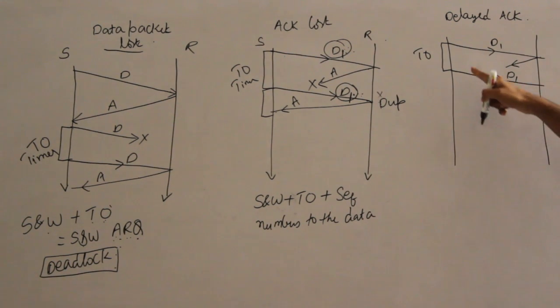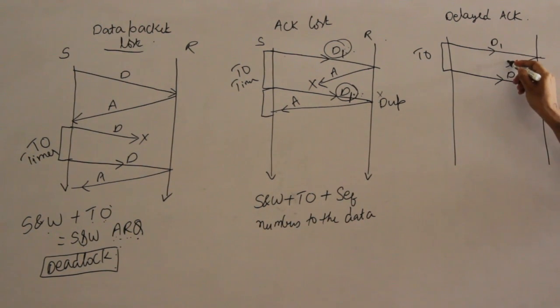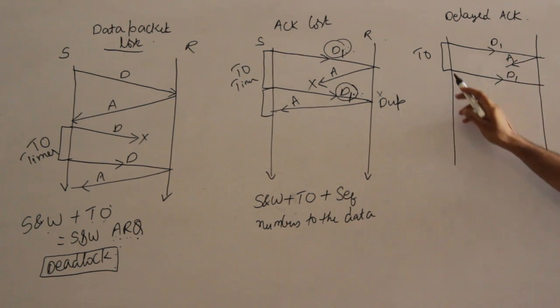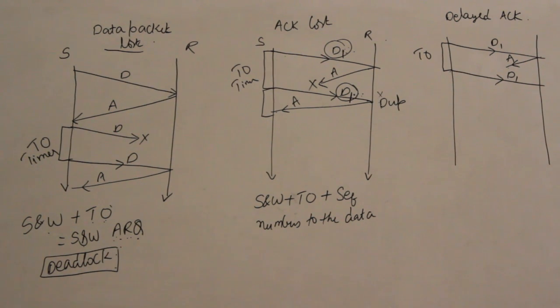Okay, now see this. Here D1 is sent once and the acknowledgement is on the way, but we didn't receive it, therefore there is a timeout, and again we are sending the same packet D1, which is a duplicate packet. Therefore the receiver is going to discard the packet completely, fine, and he is also going to send the acknowledgement.